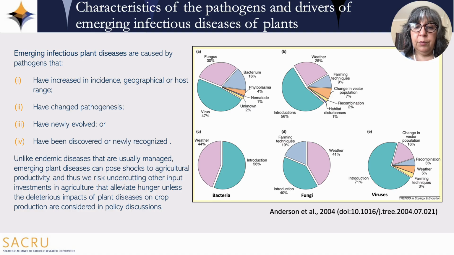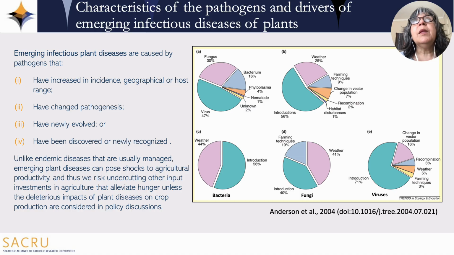When you go for diseases caused by fungi, the distribution is in first place for modification of weather conditions as a driver of the emergence of these diseases, followed by introduction and then modification of farming techniques. In the case of viruses, it's really important that the main driver of these diseases caused by plant viruses are the introductions.